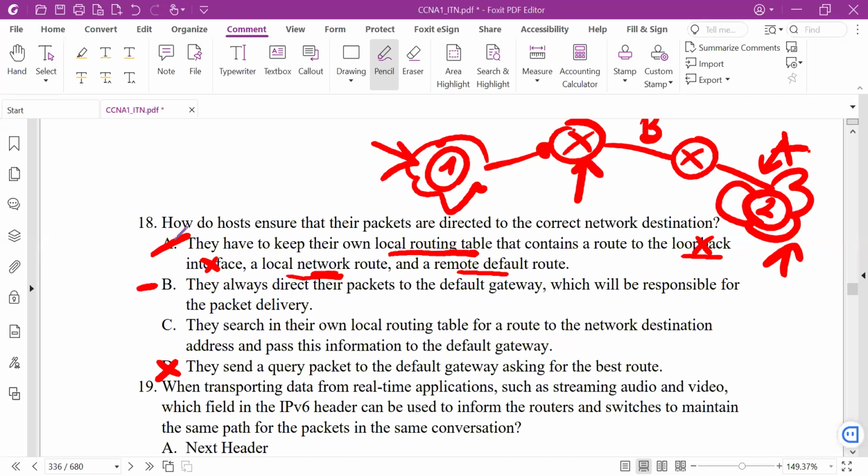"They always direct their packets to the default gateway, which is responsible for the packet delivery." The default gateway is not responsible for the packet delivery.